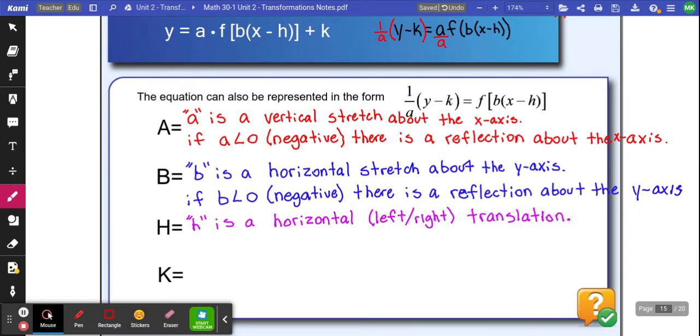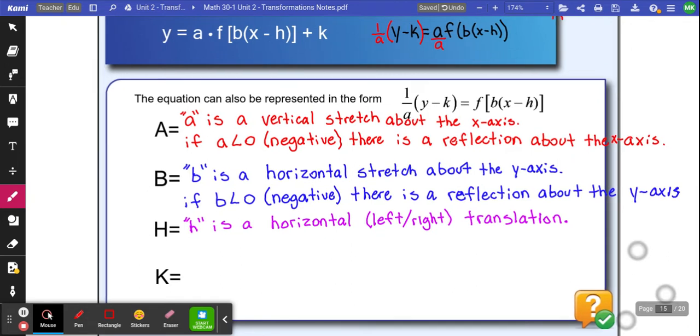Translation means like a shift, right? So if you want to put shift in there in brackets too, feel free.